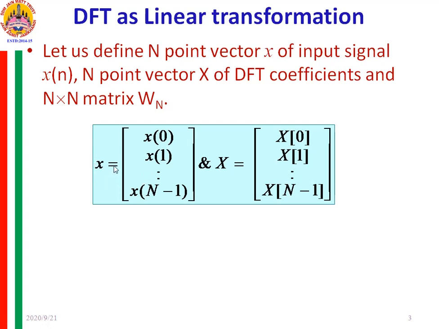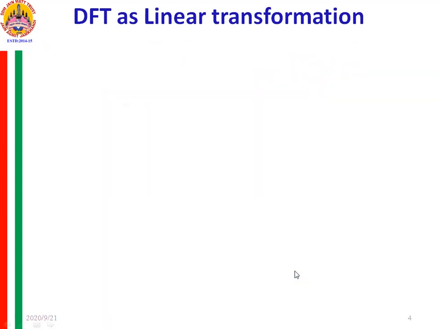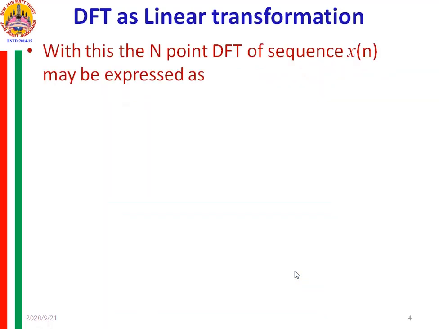Now x, let us represent in terms of a column vector x0 to x N minus 1, and the capital X in terms of a column vector from X0 to X N minus 1, and W_N as an N cross N matrix.